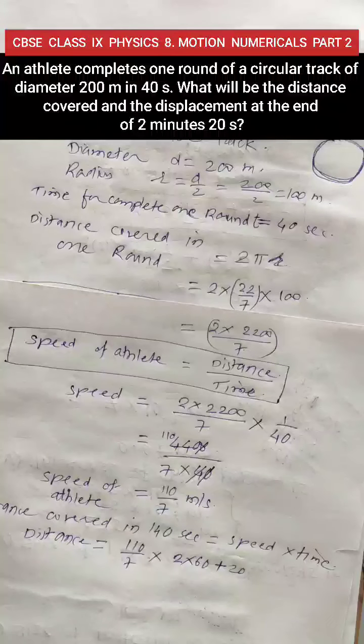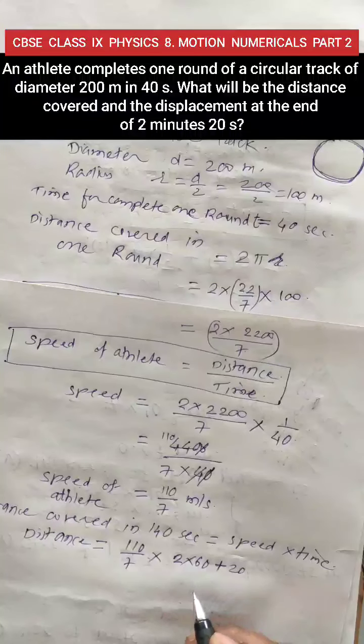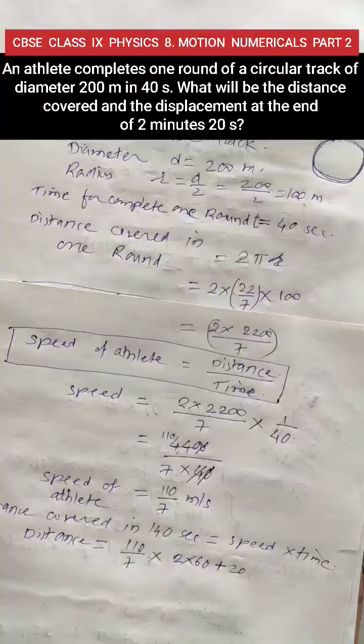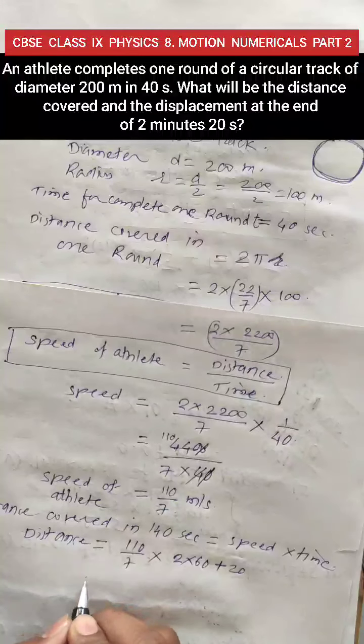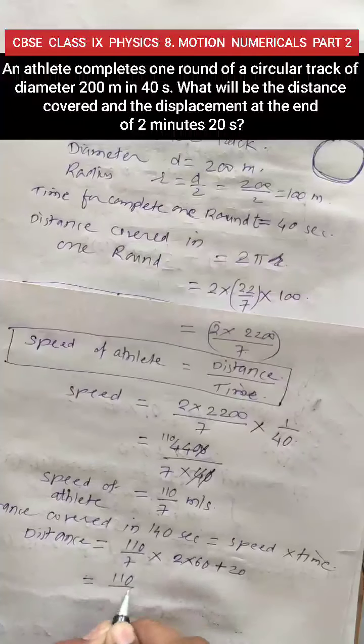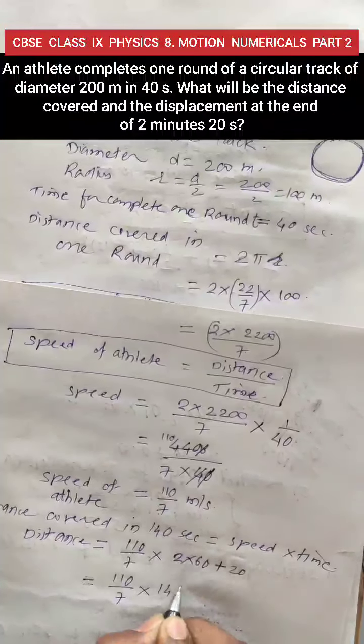After solving this example, we get 110 upon 7 into 140.